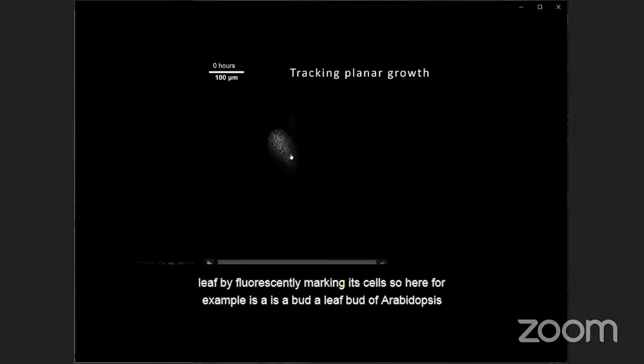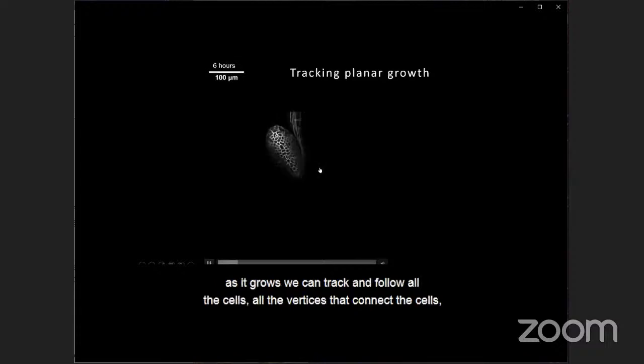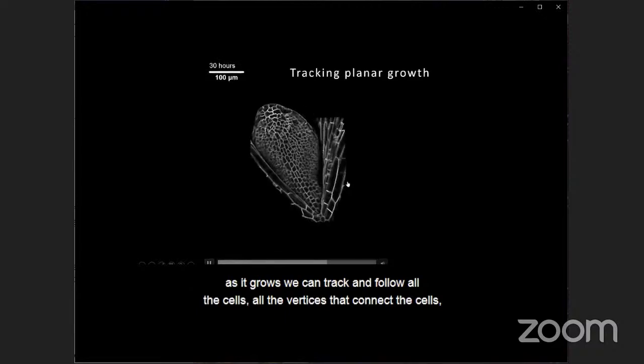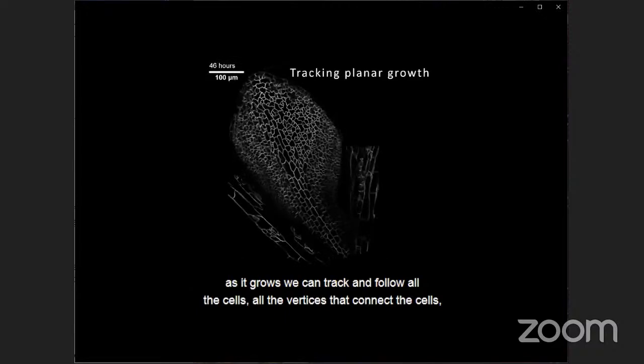So here, for example, is a leaf bud of Arabidopsis, labeled with its cell outlines with a fluorescent marker. And if we grow that leaf, as it grows, we can track and follow all the cells, all the vertices that connect the cells, and extract all the growth parameters involved in the formation and shaping of that leaf.